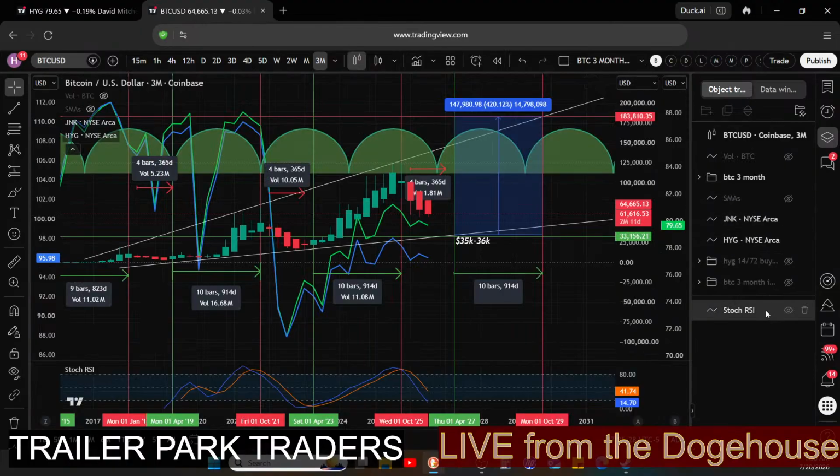And what was I using? Oh, stock RSI. Yeah, your stock RSI is pretty accurate here on the 3-month. If you want to go long and just buy, the stock RSI, not financial advice, lines up almost perfectly. And look, we're getting oversold right now on that stock RSI.